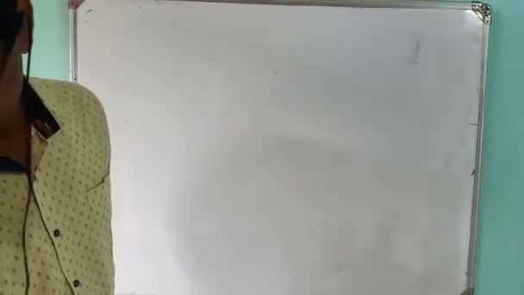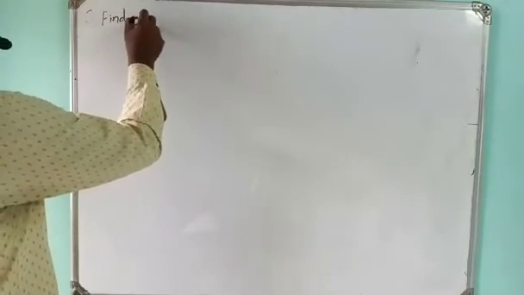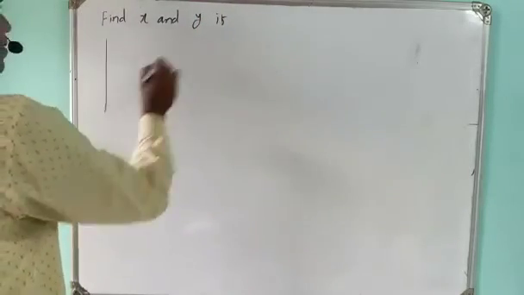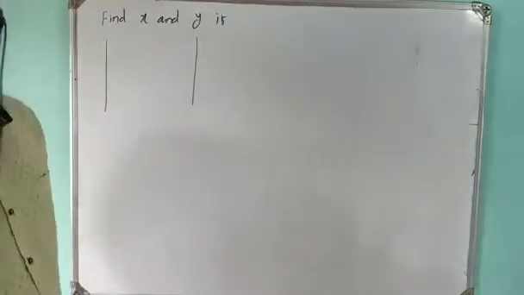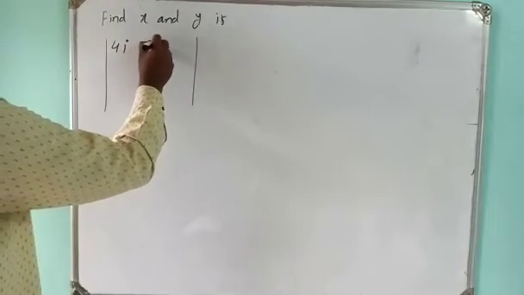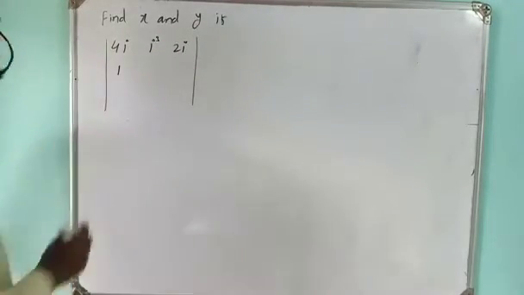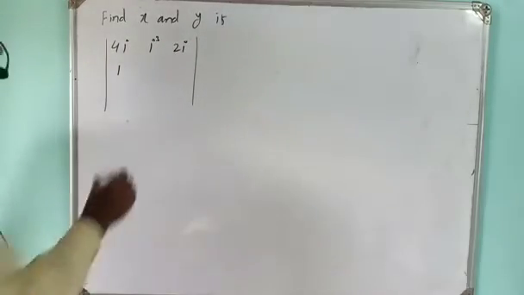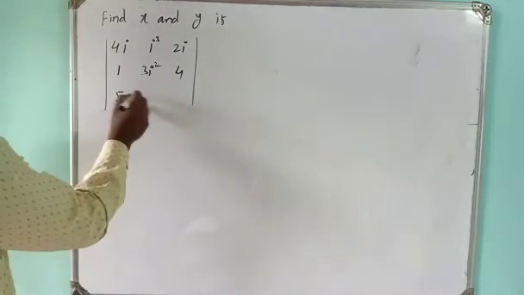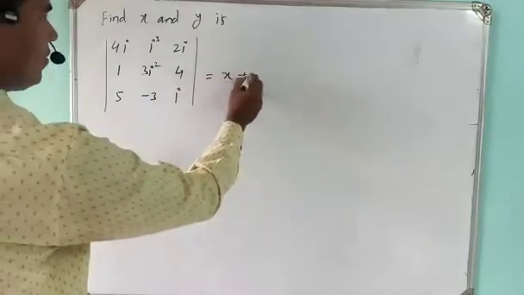Find x and y, if the determinant given to us is 4i, then i cube, 2i, then 1, 3i square, 4, 5 minus 3i, is equal to x plus iy.